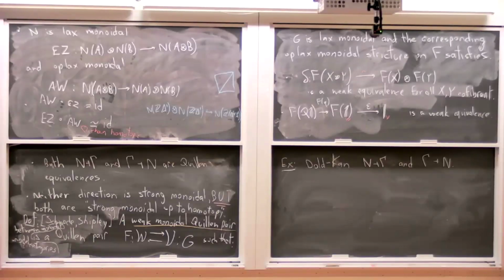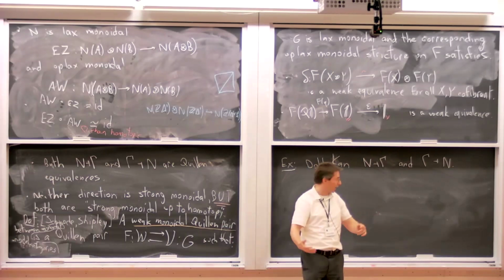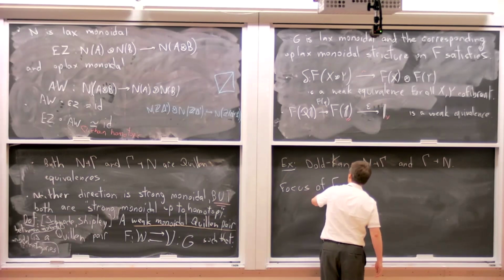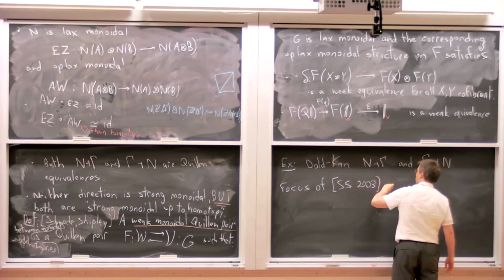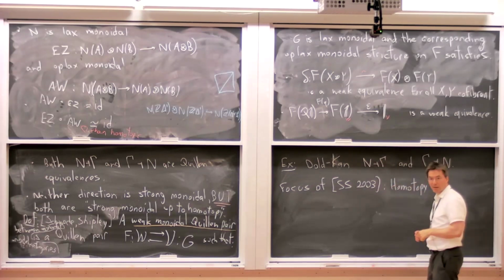In fact, their focus in this paper was to study the homotopy theory of monoids in both categories. So Schwede and Shipley wanted to understand monoids in both categories, so they needed a little bit more.